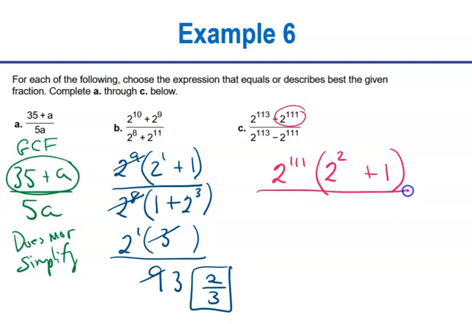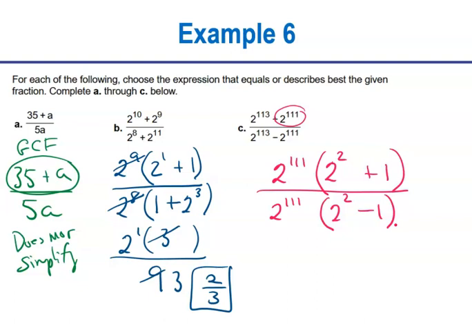Now, let's do a similar thing in the denominator. Look, when I compare these two, even though it's subtraction, that's just going to leave a subtraction when we do the distributive property. So this 2 to the 111 comes out. All right. If I pull 111 out here, that's still going to be 2 to the 2nd that remains, and that's going to be minus 1.